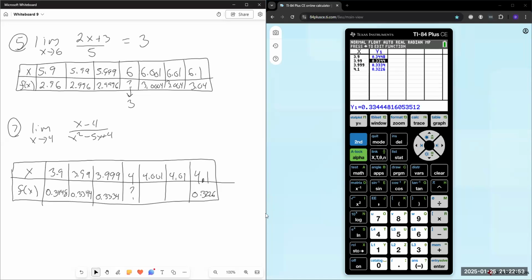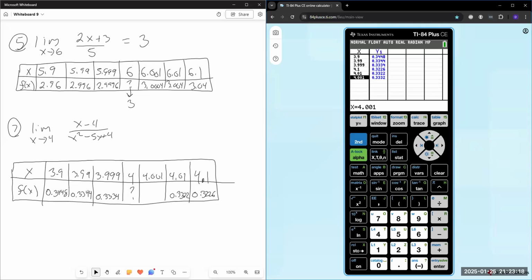Okay, and then 4.01 is 0.3322, and 4.001 is 0.3332.